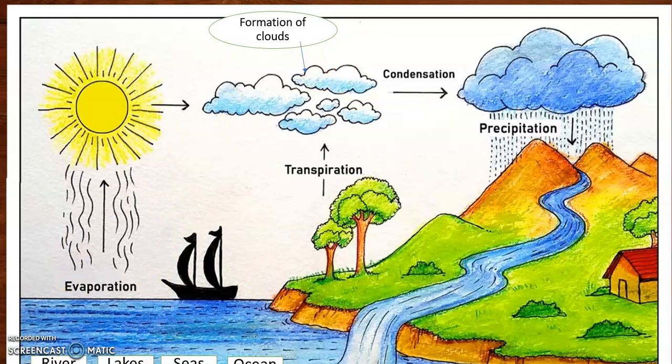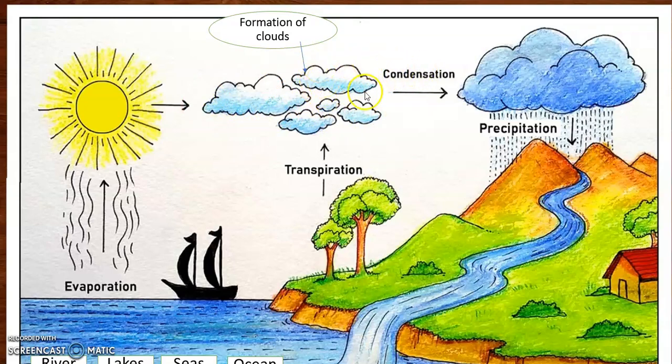Surface water sources like rivers, lakes, seas, and oceans evaporate and change into water vapor. Do you call that evaporation? When the water vapor forms clouds, do you call that condensation?